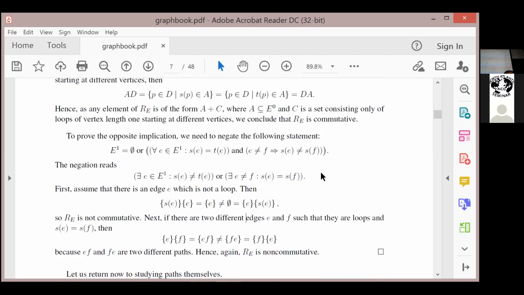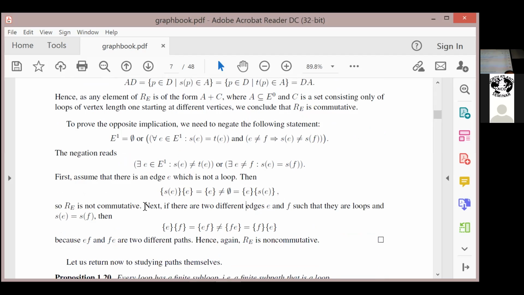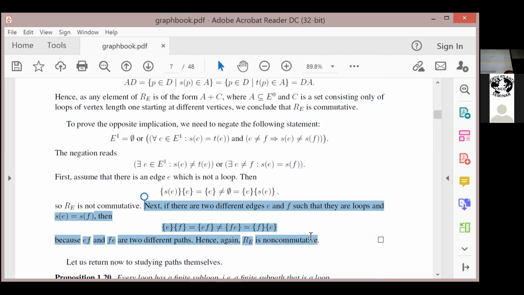So that's why, about the loss of generality, what I'm doing is the following. I take two different edges E and F such that they are loops and they begin at the same vertex.